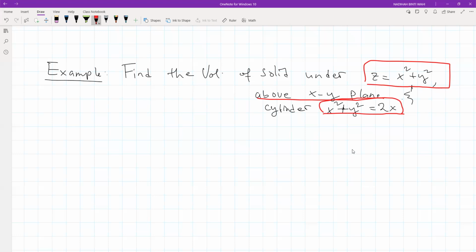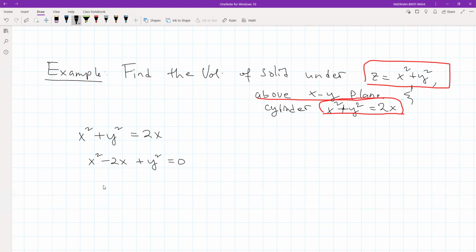So kalau saya tengok dekat XY plane, above XY plane, so kita tak perlu risau yang apa ni equals to anything. Okay, let's see this one. If you have x squared plus y squared equals to 2x, and then kalau saya pergikan di sebelah kanan, x squared minus 2x plus y squared equals to 0.